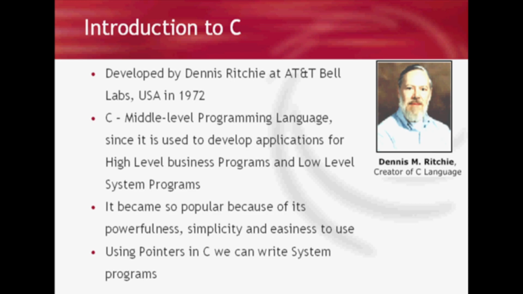In the late 70s, C began to replace the more familiar languages of that time like PL1, ALGOL, etc. Possibly C seems so popular because it is reliable, simple, and easy to use.